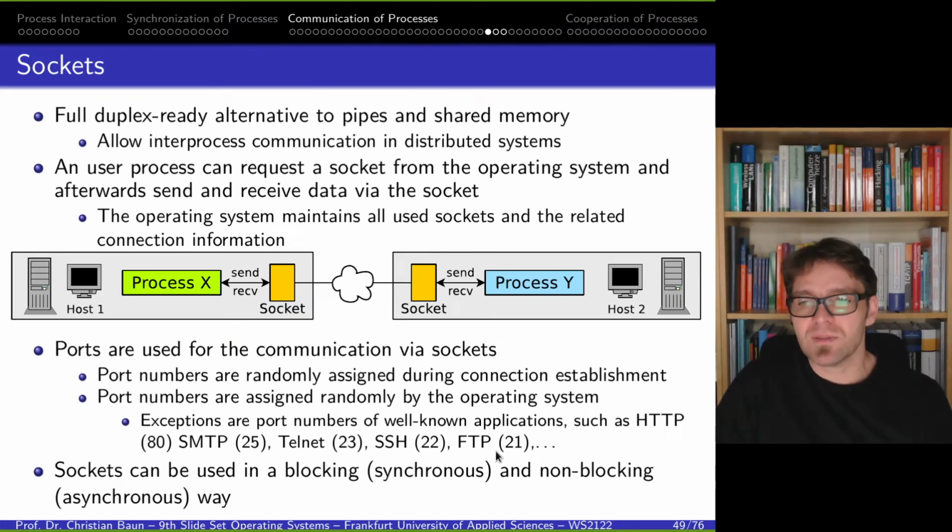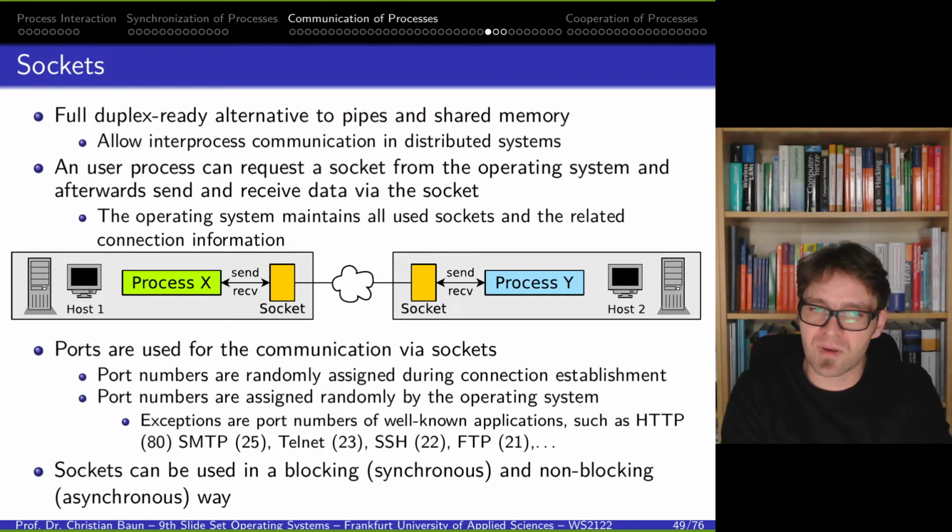One approach is still missing. It's the sockets, and sockets are really different compared to the other inter-process communication ways, because sockets are the only option you have for inter-process communication across operating system boundaries.